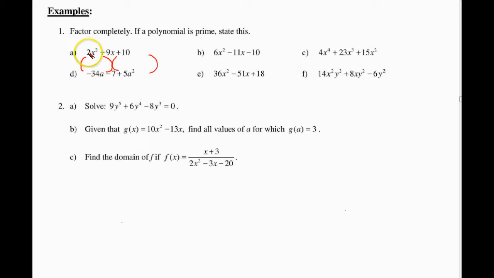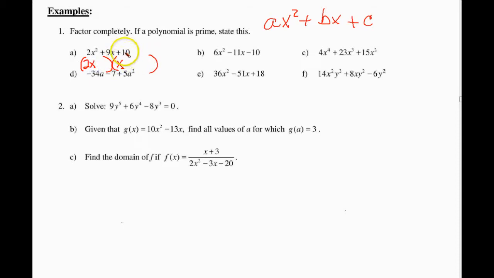Now notice our A term here. Let me just write it here for you. A x squared plus bx plus c. That's standard form. So our A term is 2. And 2 is prime, so there's only the one possibility.